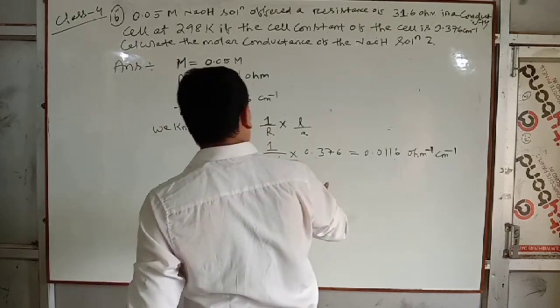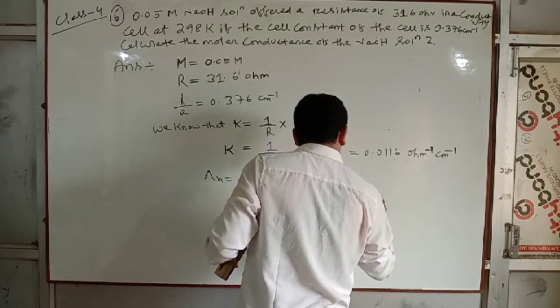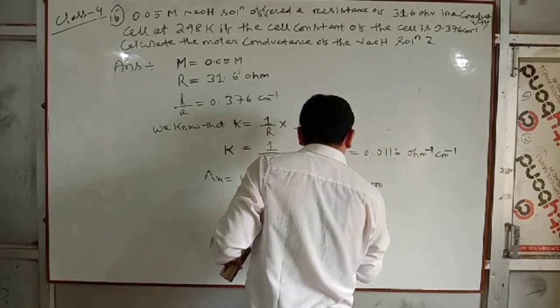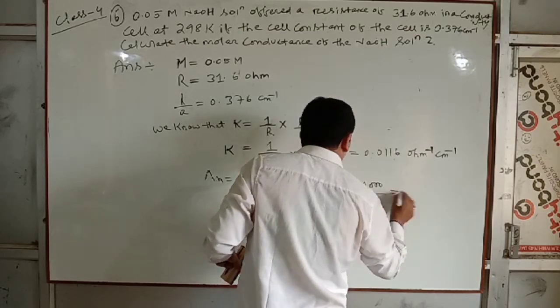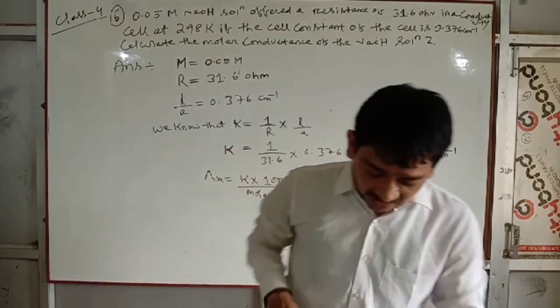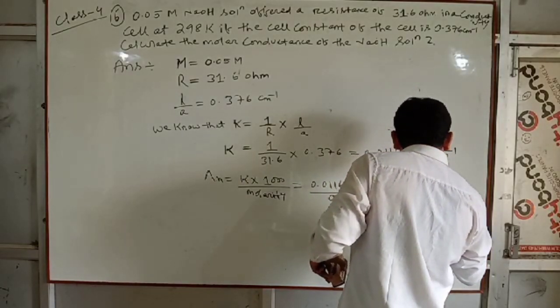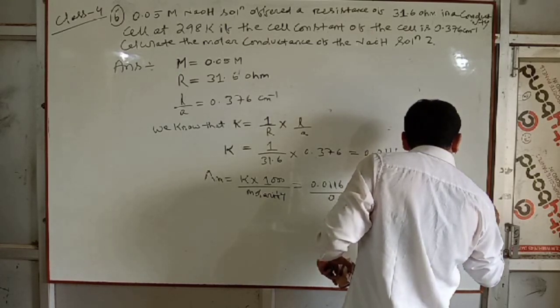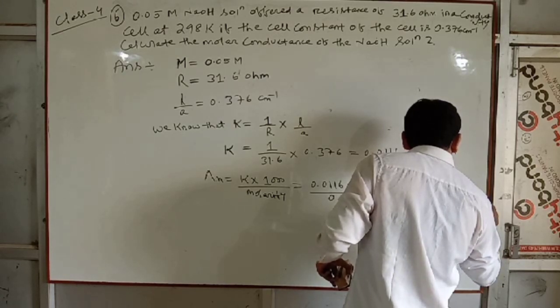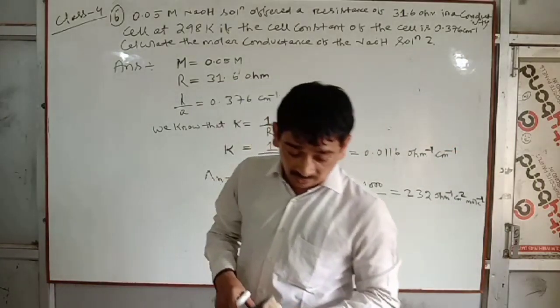Kappa is 0.0116 into 1000 divided by molarity, which is 0.05, so this gives 232 ohm inverse centimeter square mole inverse.